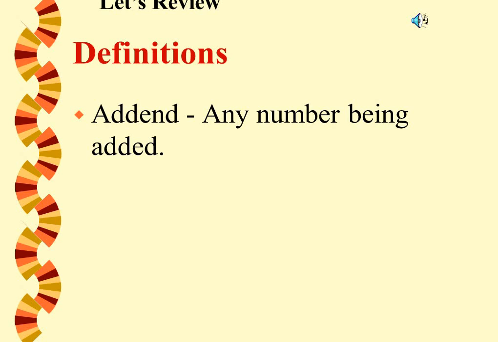Now, in an addition equation, we call all of the numbers that are added to each other the addends, and the result of the addition operation is the sum. So if you notice here, 6 is an addend and 5 is an addend and 11 is the sum of them.